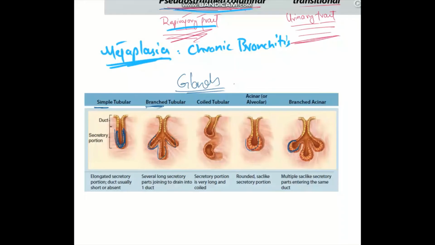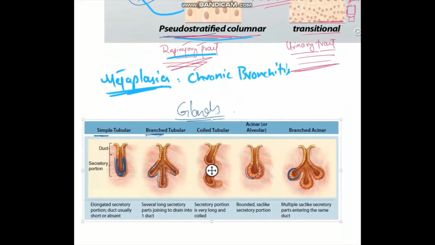Like for example, here there are different branches that open into these ductules here, and then they are also characterized by their shape. So for example, they could either be tubular, like this one looks like a tube, but they could also be acinar or alveolar, which would be something like a sac-like shape. So a rounded sac-like secretory portion.